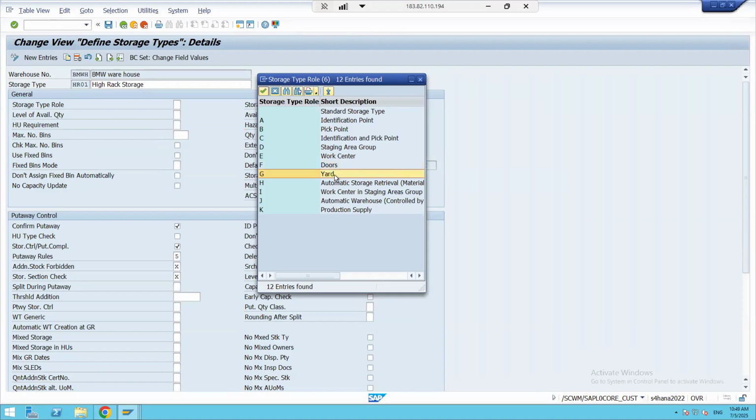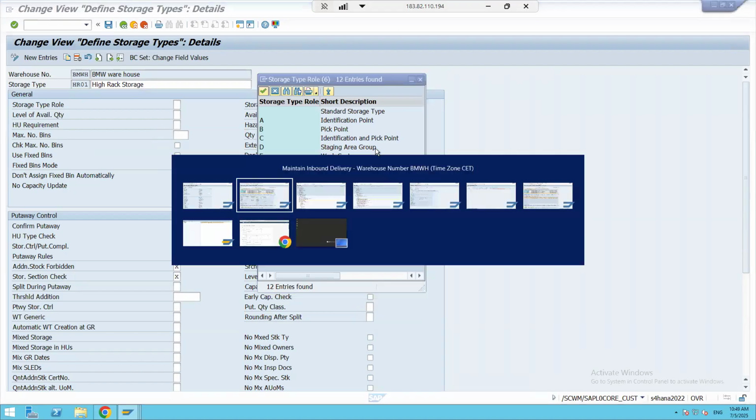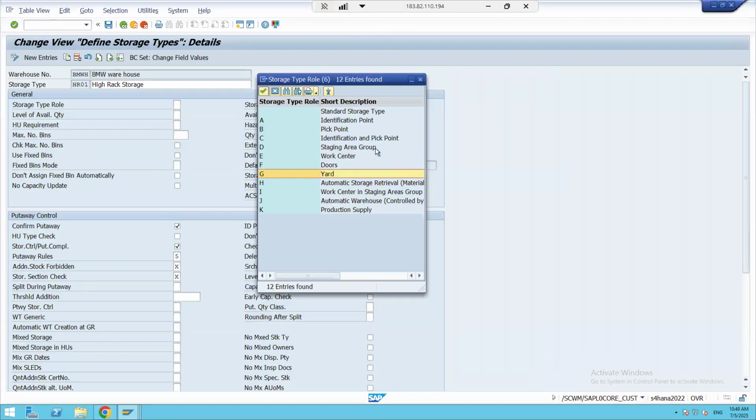Now, what is yard? What is yard management? One question, Ram, before we go into yard. Since we are grouping the doors, whenever we try to move stock from unloading to the GR zone, will the door come into the picture? In the first point, you have one more warehouse task now.